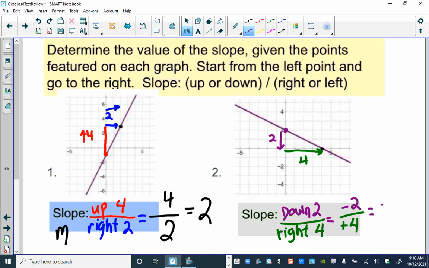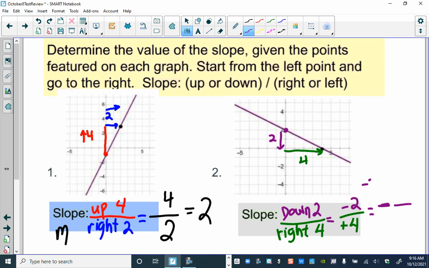Now, can you simplify this fraction? 2 over 4. Can we simplify 2 over 4? Well, type in 2 divided by 4 in your calculator. What do you get? I know you're going to get a decimal. 0.5. Well, and then it would be negative.